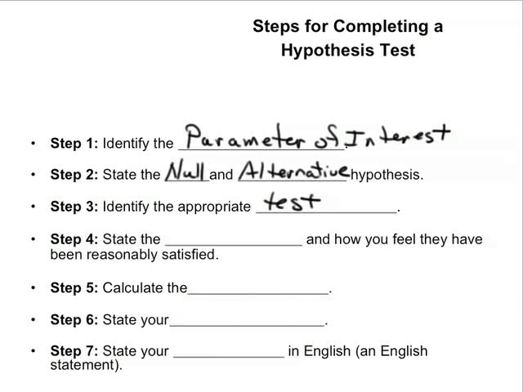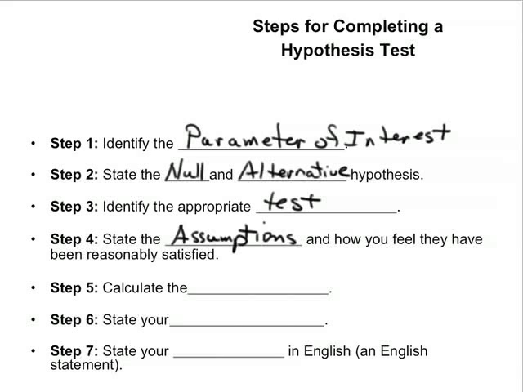Once you identify the test that you want to use, now go ahead and state all the assumptions. Because if the assumptions that are needed are not satisfied, you need to think about doing a different test.